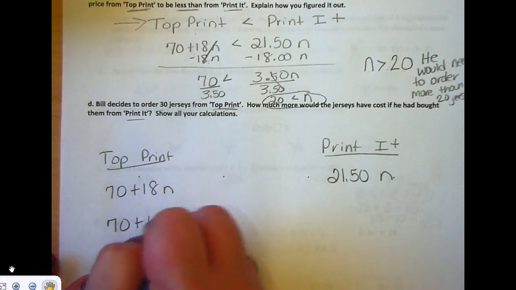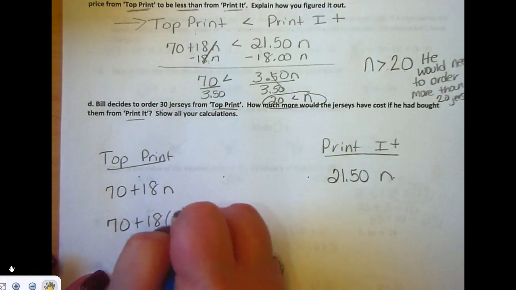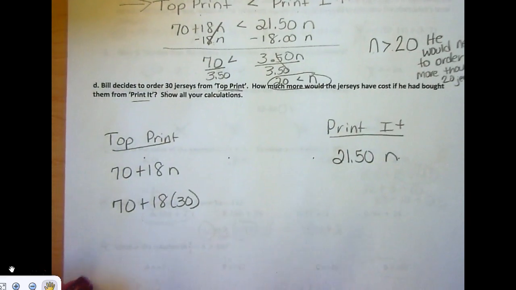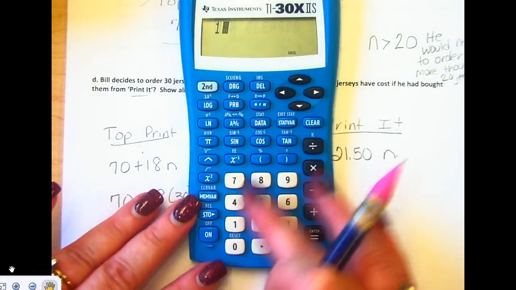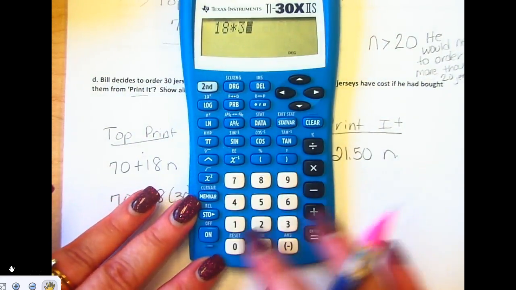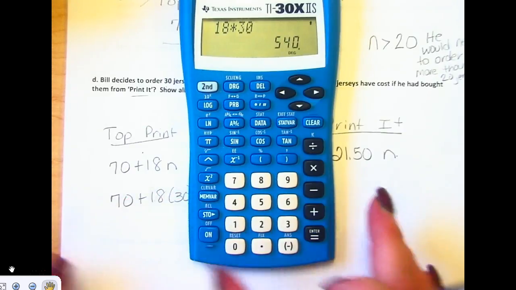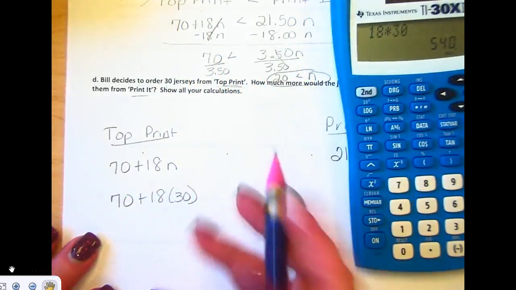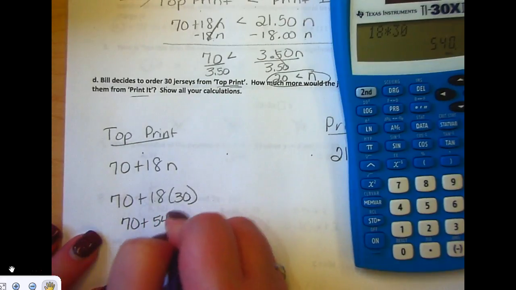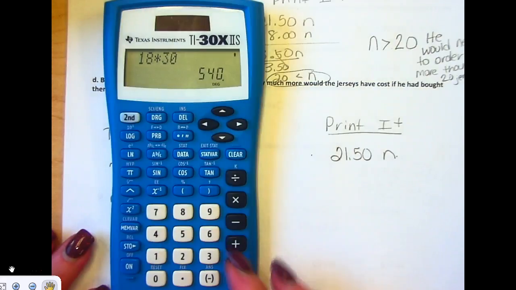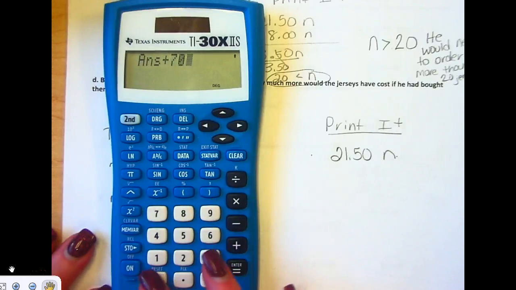70 plus 18 times 30. What am I going to do first, the adding or multiplying? Multiplying. 18 times 30 is $540. So 70 plus 540 equals $610.